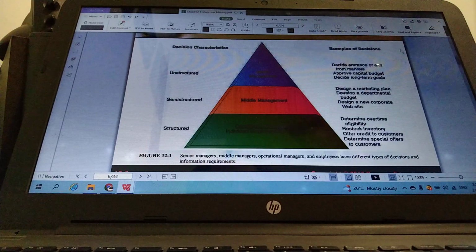Similar information is presented to you in the next slide, where the senior managers are involved in unstructured decisions, the middle management in semi-structured, and the operational managers or the line managers, or even individual employees and the group of staff, are involved in structured. And there are many examples of decisions given for your reference.